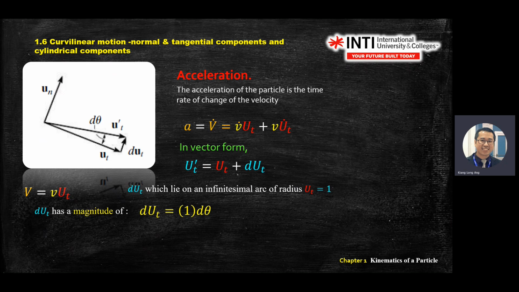So when you do the mathematics, du equals 1 d theta, but this is just to show you there's mathematics behind. You don't need to derive it in your test or final exam. Direction is u n. You will get one equation, du t equals d theta u n.